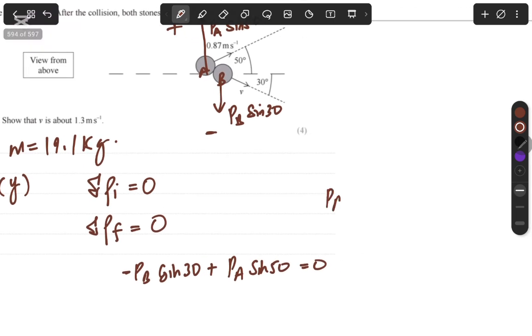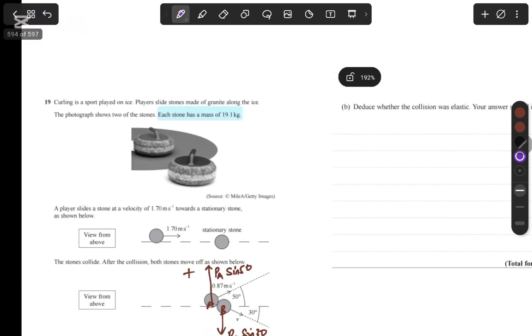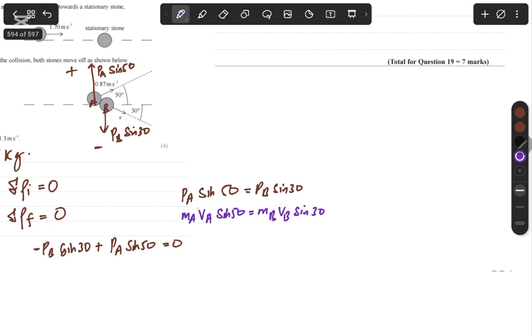We're going to get PA sine 50 is equal to PB sine 30. So we end up with this: MA VA sine 50 is equal to MB VB sine 30. Both of them have the same mass, so the mass gets cancelled out.